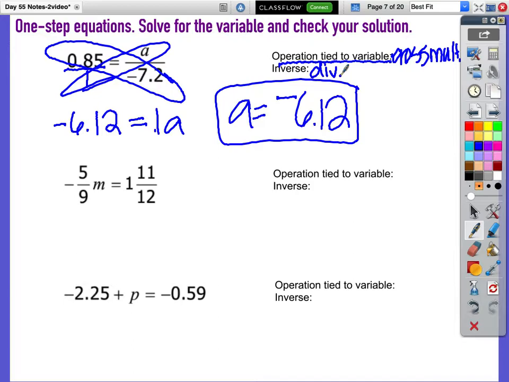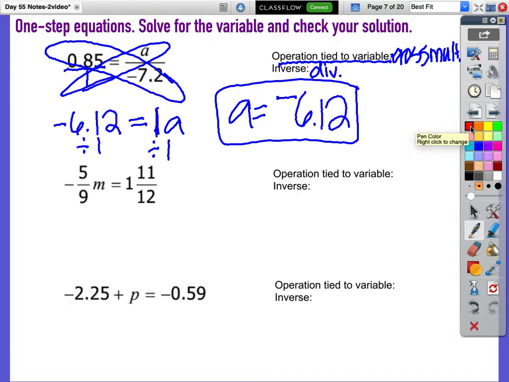The inverse would be division, which would actually come in right here, but we know that 1A divided by 1 on both sides gives us the same thing. That's how we got there. So we actually did that division in our heads. I didn't even take too much time going through that because that is something you guys have been doing for a little while.